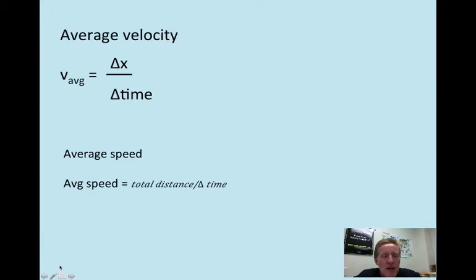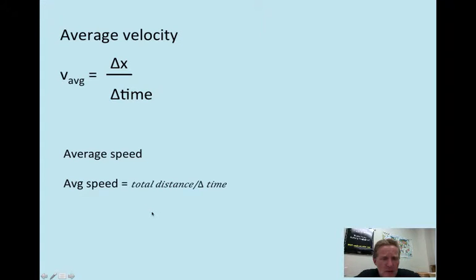But anyway, average velocity is going to be displacement divided by time, and this is the abbreviations for that, and it's just easier to write it that way. And then average speed is just going to be the total distance divided by the change in time.